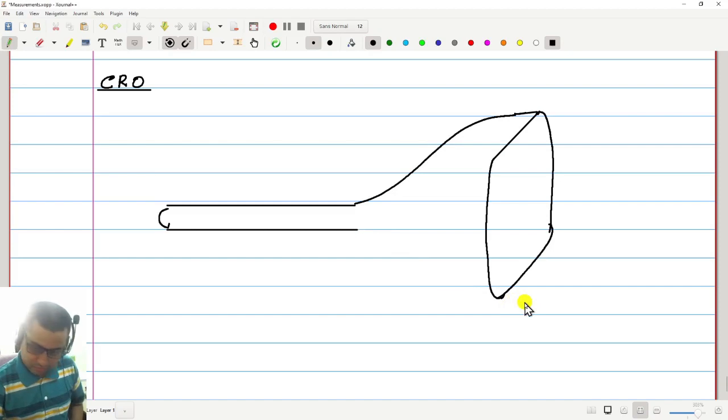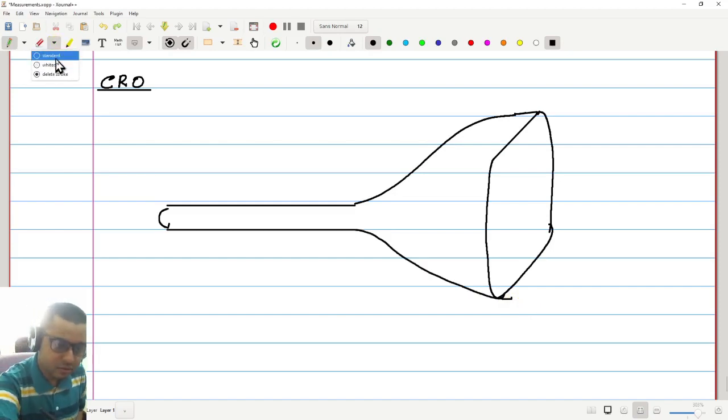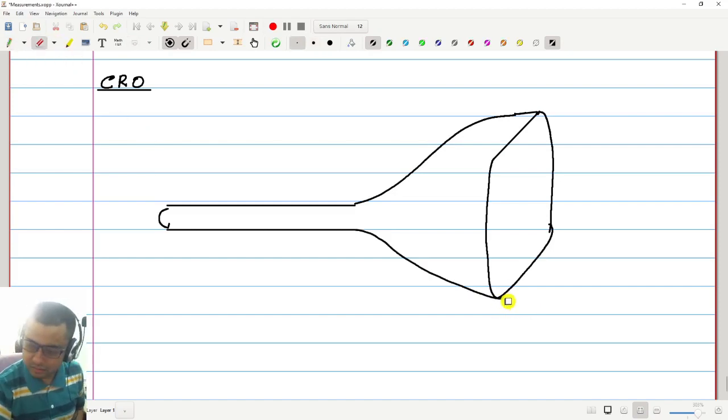So basically it's a vacuum tube made up of glass, and on this end, we have an electron gun.